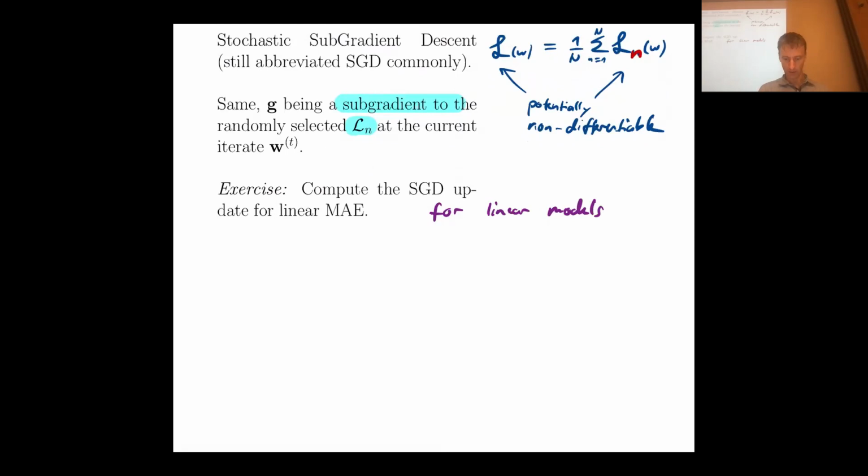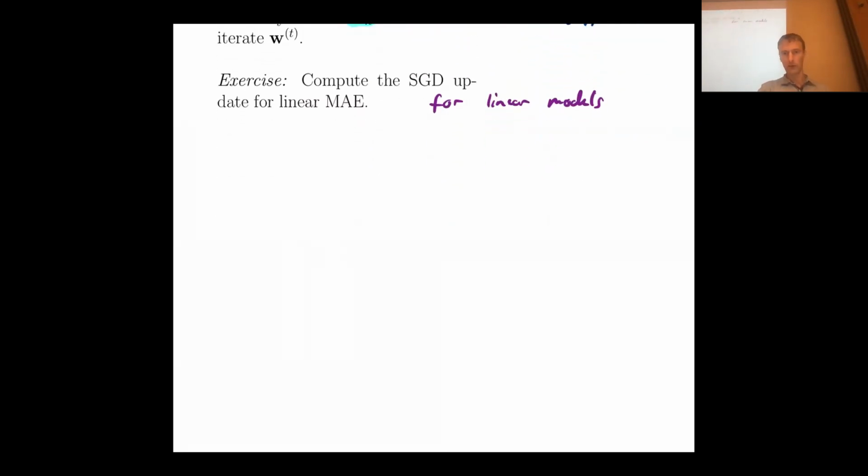And before the break, I'll give you a super small recap of the landscape of how expensive these methods are and what they can be applied to. So we have gradient descent, and we have SGD. In gradient descent, we use L, and here we use Ln.